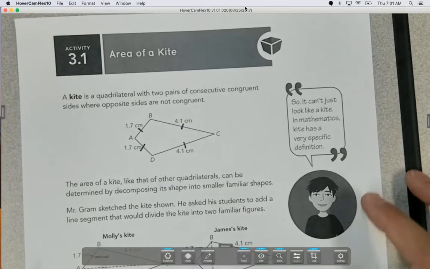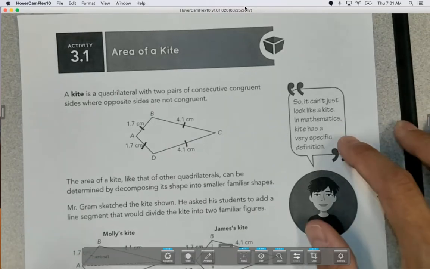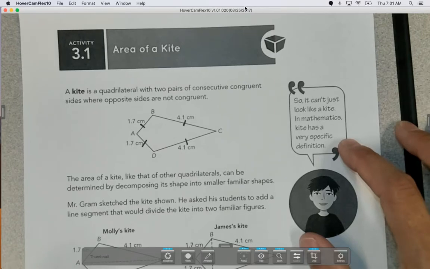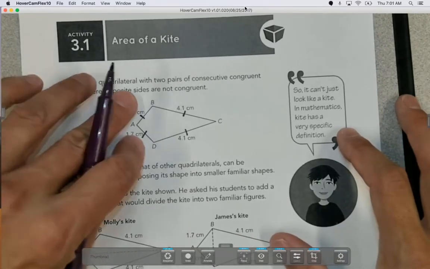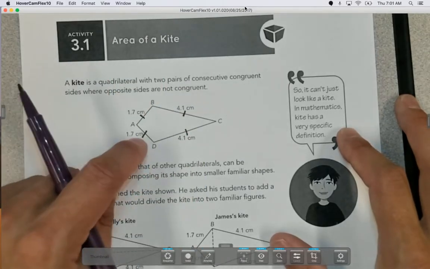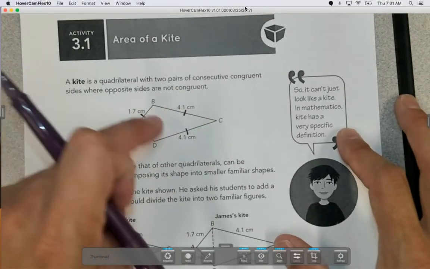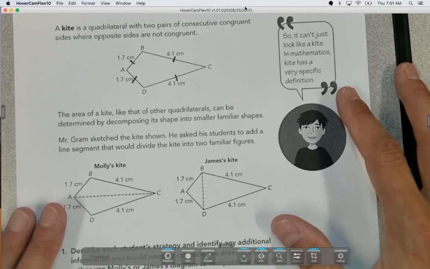Okay, so here this guy says it can't just look like a kite. In mathematics, kite has a very specific definition: a quadrilateral, a four-sided figure with two pairs of consecutive, next to each other, congruent, same length sides, where opposite sides are not congruent. Kind of tricky, but you can recognize it pretty quickly.